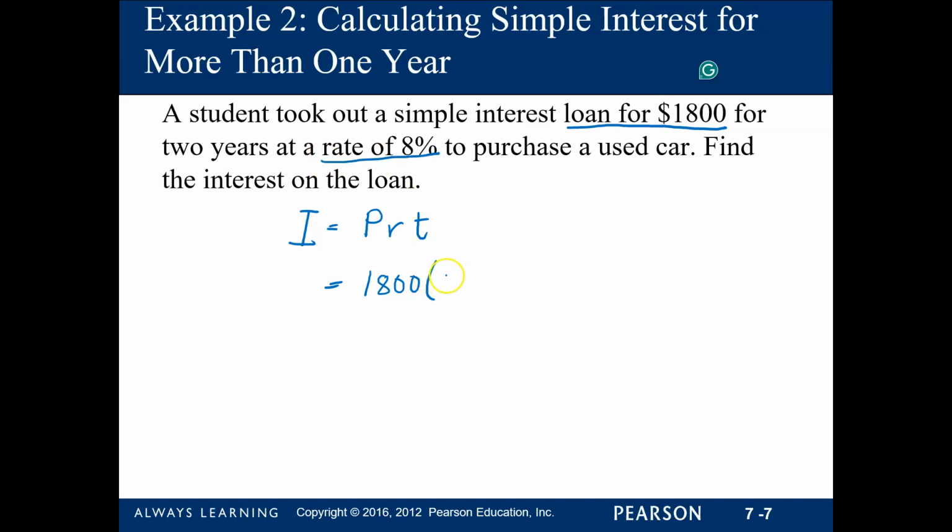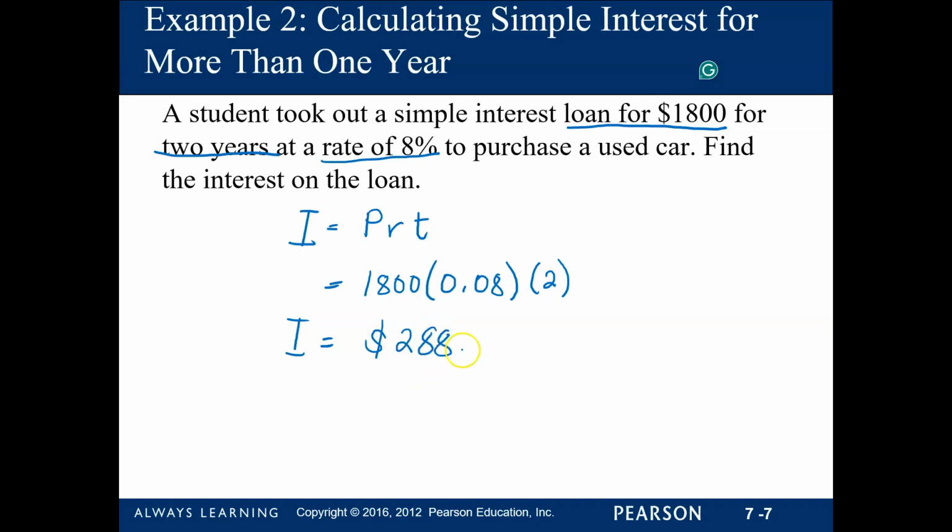So that's 8%, and we change it to decimal, 0.08. And the time, according to this, the loan was taken for 2 years. So again, our time is written in years. Putting this into your calculator, you will get the amount of $288.